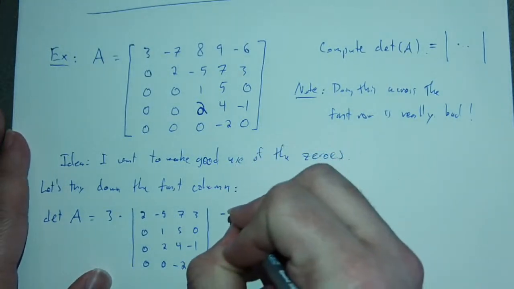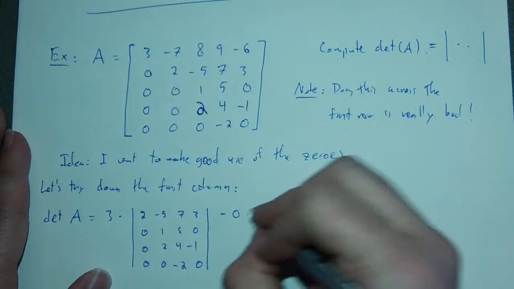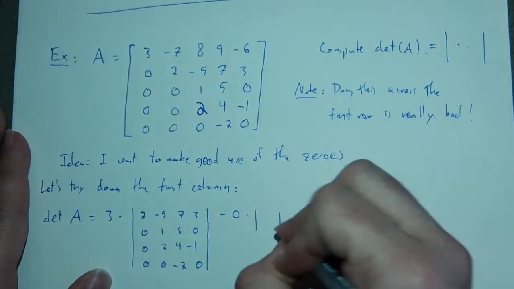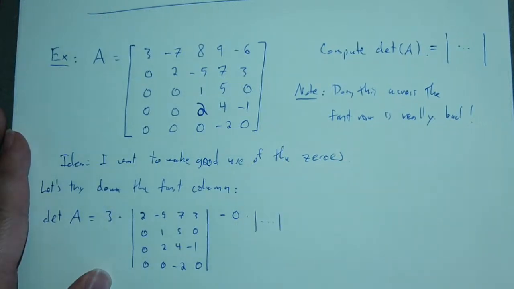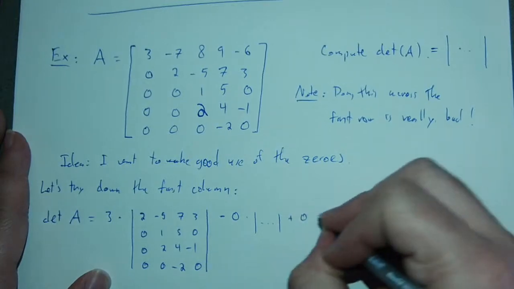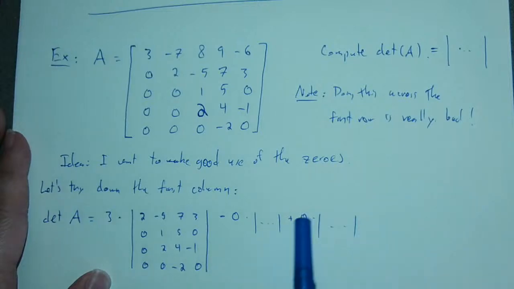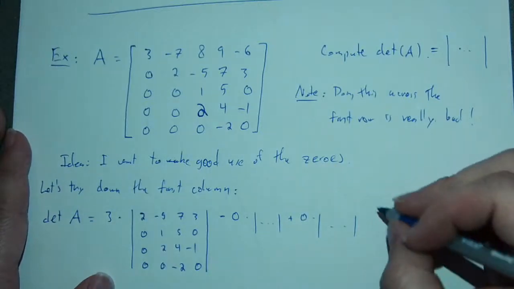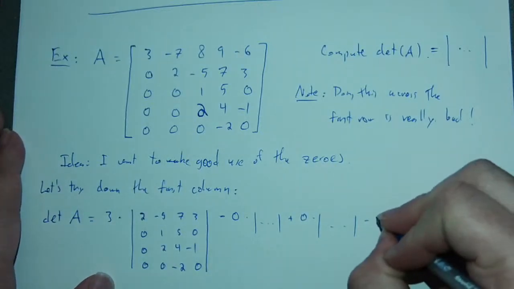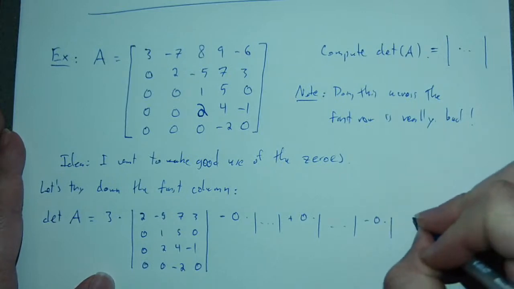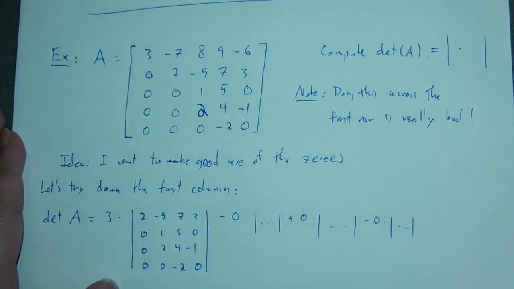So it's minus 0 times the determinant of some stuff that I don't care about because I'm multiplying by 0, plus 0 times the determinant, again, that I don't care about because I'm multiplying by 0, minus 0 times a determinant, stuff I don't care about.